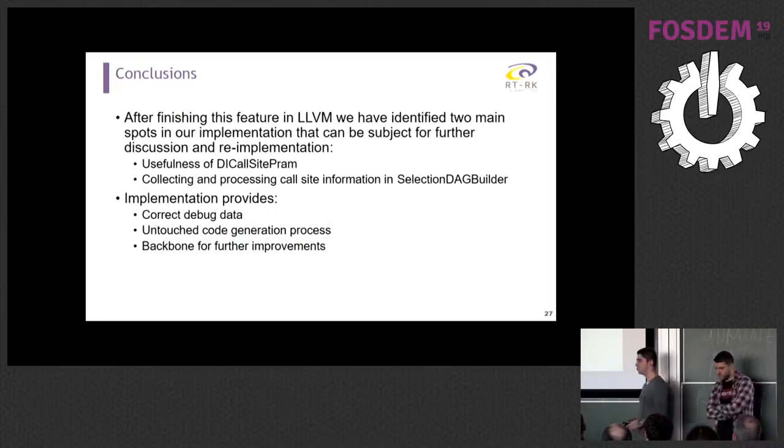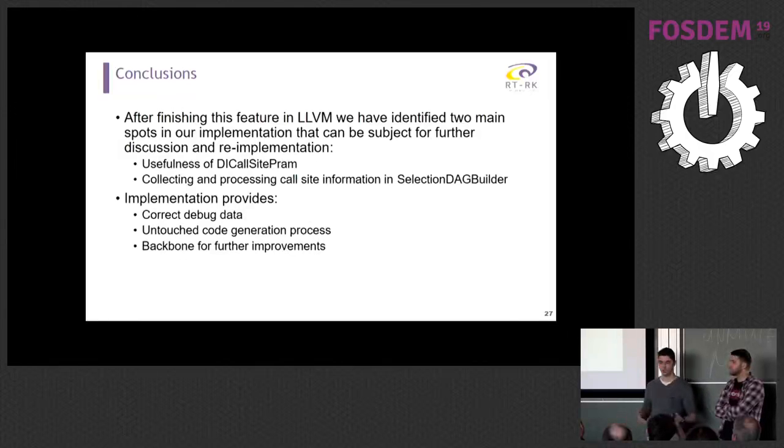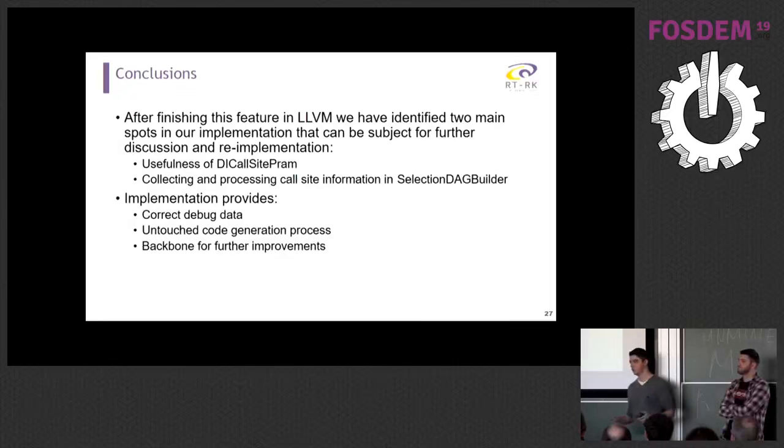It is also important to mention that it provides infrastructure for collecting information about call sites. We believe that we have touched all necessary passes and that the current flow is sufficient, but it certainly needs some improvements. It gives us the desired results.